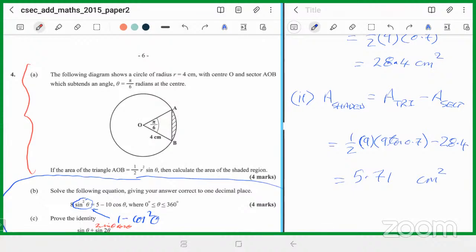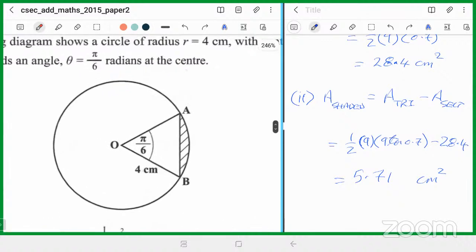They're giving us the area of the sector triangle as half r squared sine theta, then calculate the area shaded. So the area shaded, if you zoom it up, will be the area of the sector, the entire thing, subtract the area of this triangle.